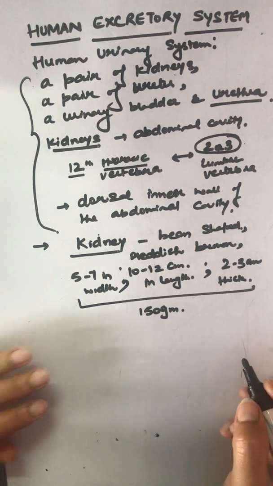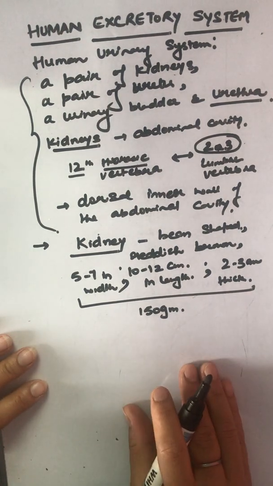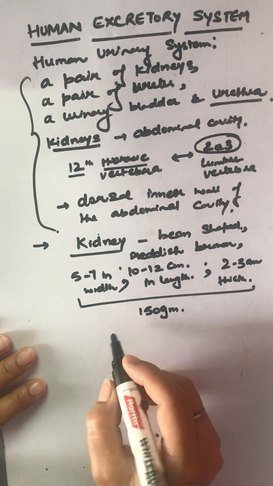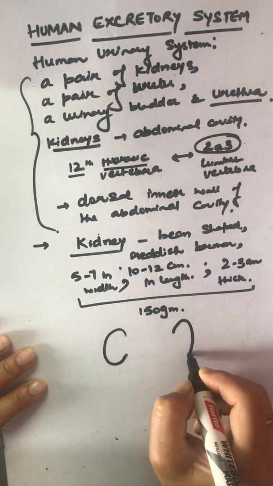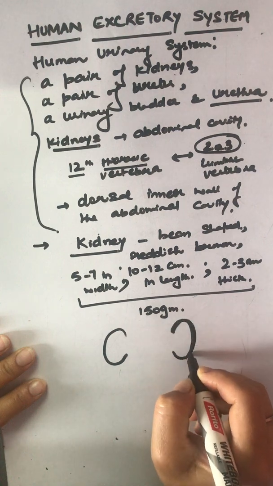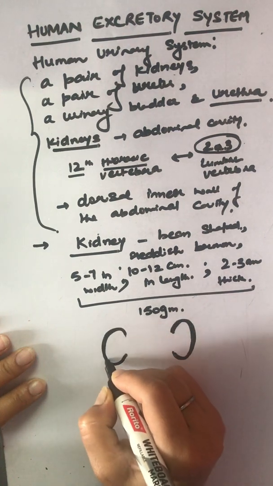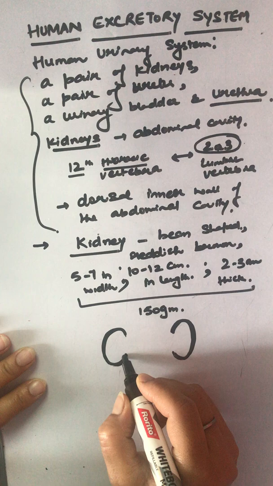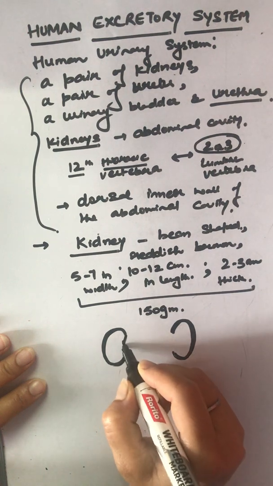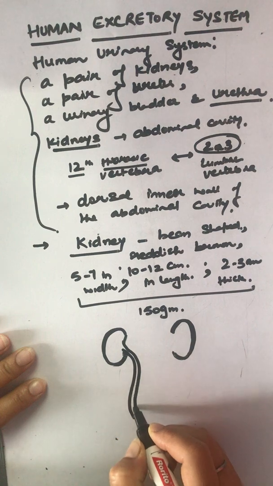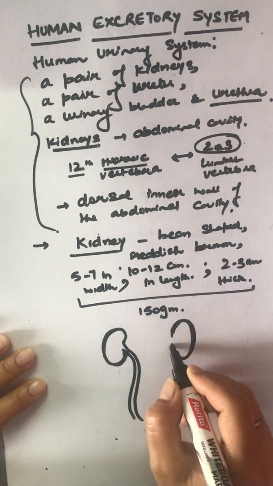Okay, now how does the entire urinary system arrangement look? We see a pair of kidneys on either side. From the notch known as the hilum arises the ureter.